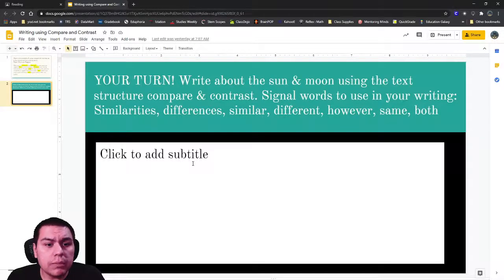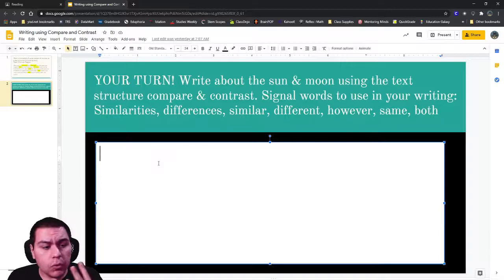You could choose something like apples, bananas, strawberries, kiwis, limes, lemons, pineapples, pears, any kind of fruits that you like, but you want to pick 2 different fruits. And then I want you to write 4 sentences using compare and contrast to talk about how the fruits are the same and how the fruits are different.